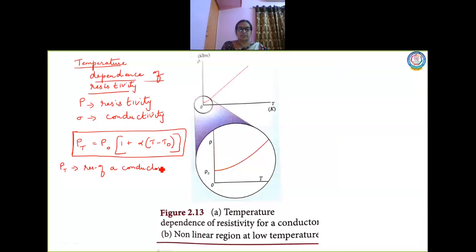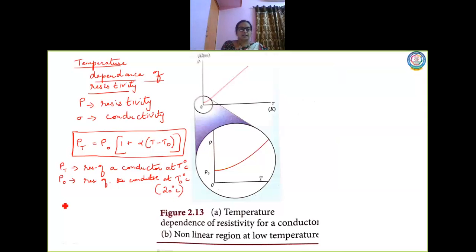Resistivity of a conductor at, let us say, the temperature T degrees Celsius. Then I have one more term called rho naught. Rho naught is the resistivity of the conductor at some reference temperature. Now this T naught, we will take as a reference value of 20 degrees Celsius.